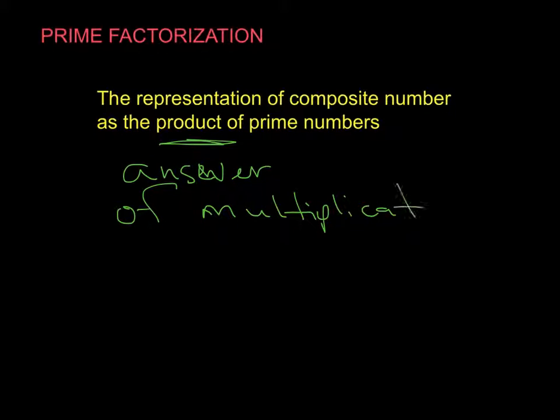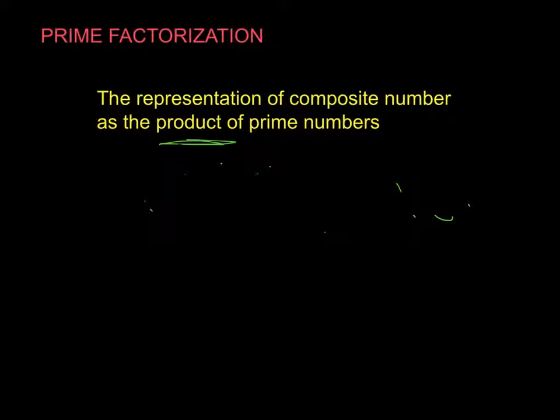So when you multiply numbers together, your answer is called a product. So the representation of a composite number as the product of prime numbers multiplied by each other. Let's see what your teacher is talking about.